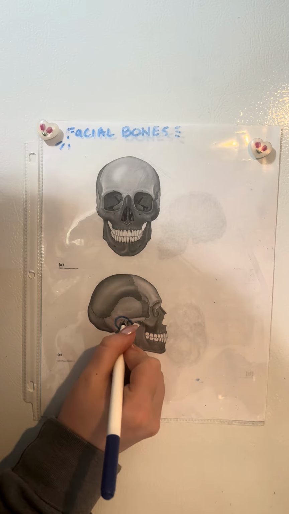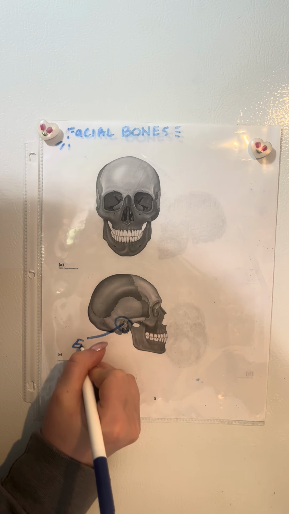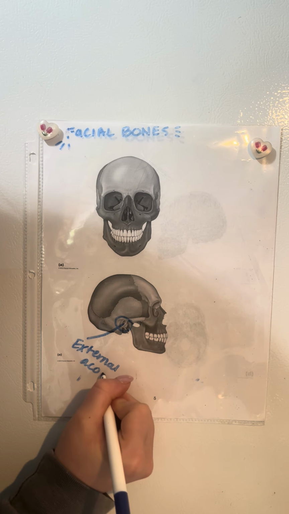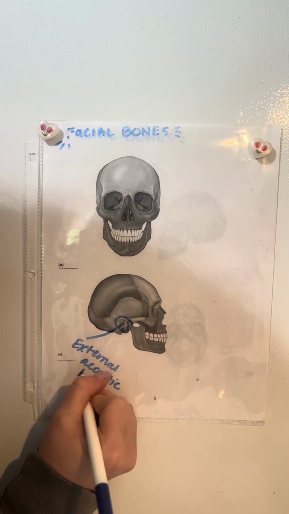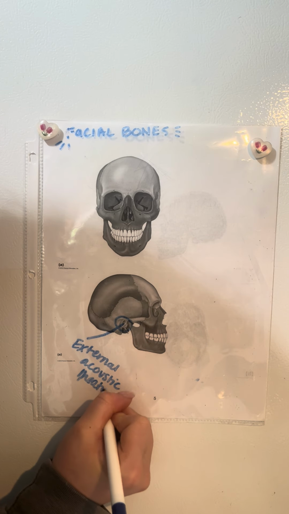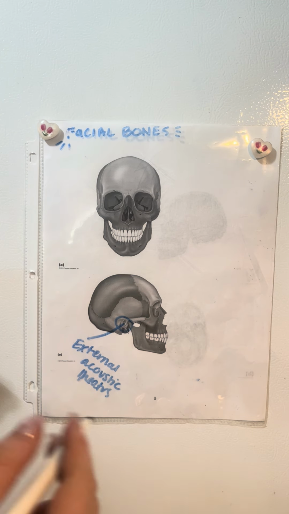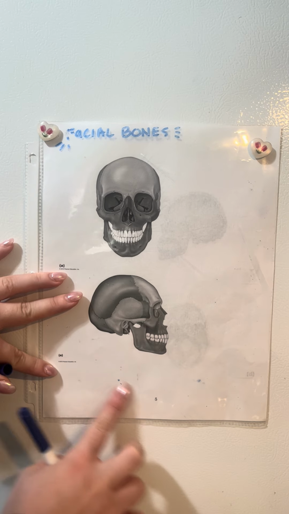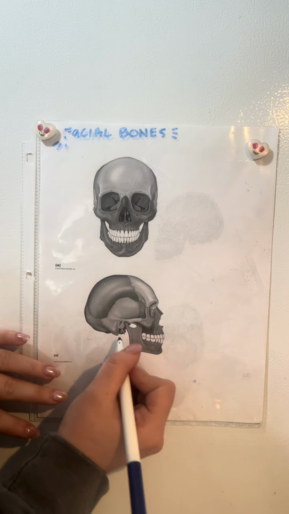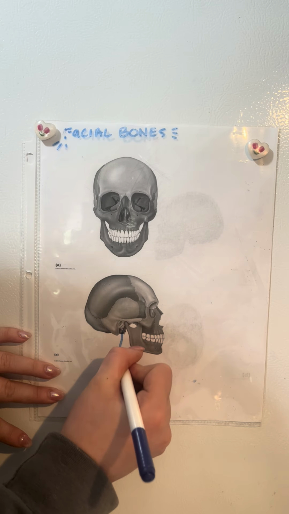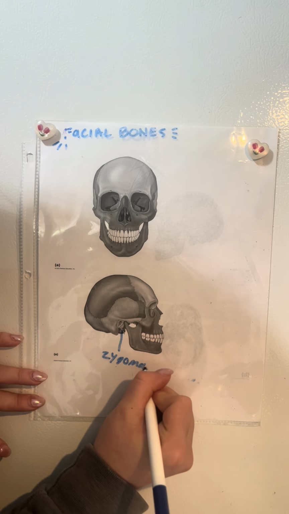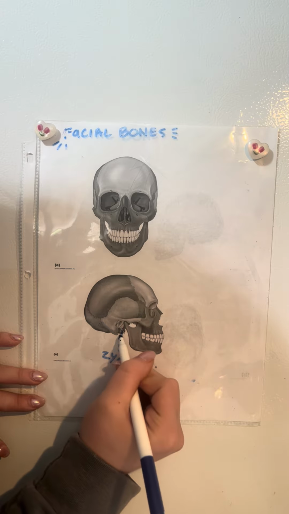So this is the external acoustic meatus. I think it's actually said meatus because it's spelled that way. And then we also have the zygomatic process. When we talked about that earlier, I said processes. I just remembered that those are things that stick out. And you can remember because it comes off of this bone here.